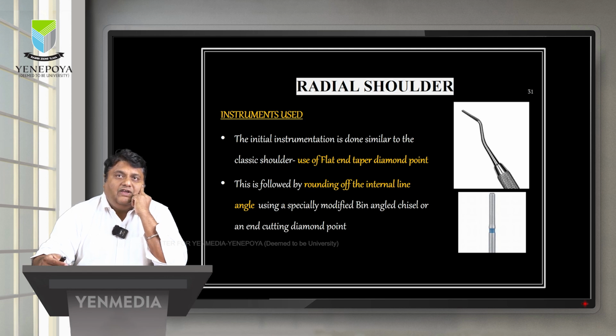So whenever you feel you have a rough edge, you can use a similar sized tungsten carbide burr and finish or smoothen the preparation and the finish line.